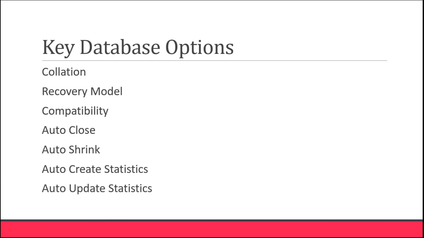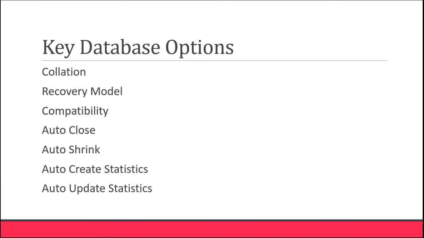And these are the key database options. The collation: in the recent versions of SQL, you can decide that your character set is different from the instance character set. Recovery model, whether it is full or bulk logged or simple. For production, you are always advised to use the full recovery model.